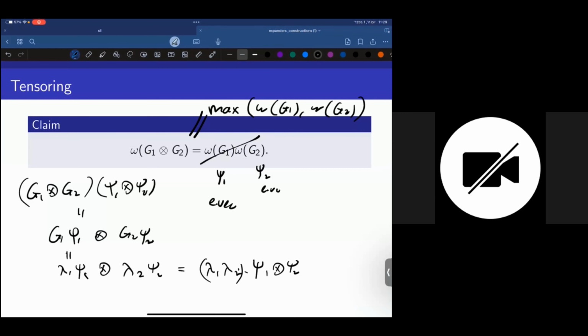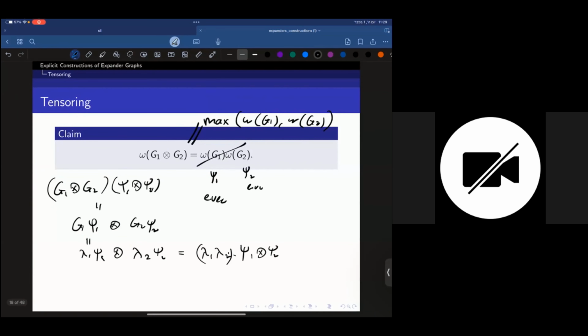Yes, that's what we prove in the other claim. No, you jumped like 2 steps ahead. It's larger. The omega is like you divide by the size of the lambda 1.